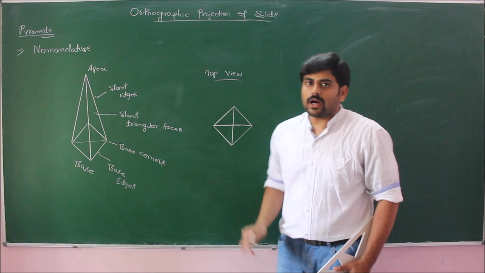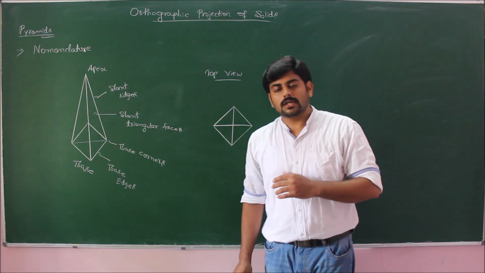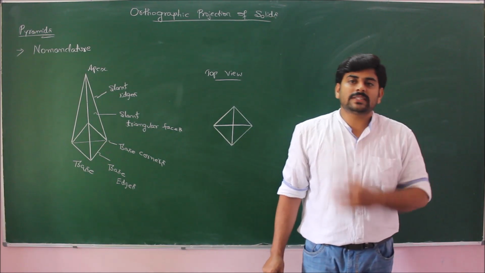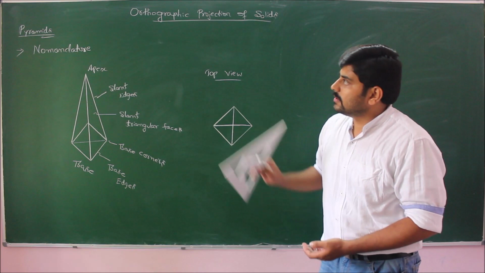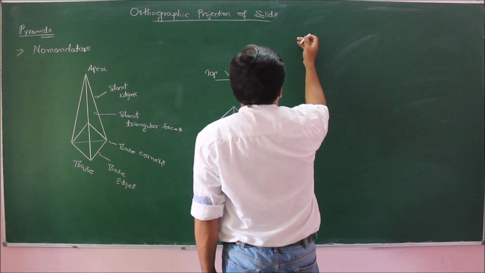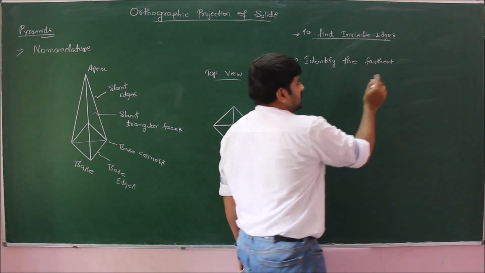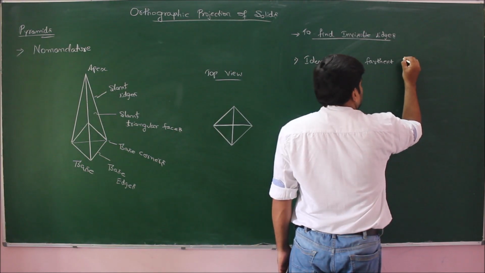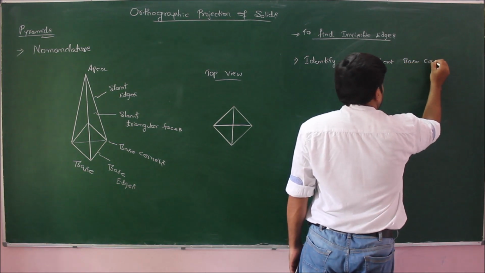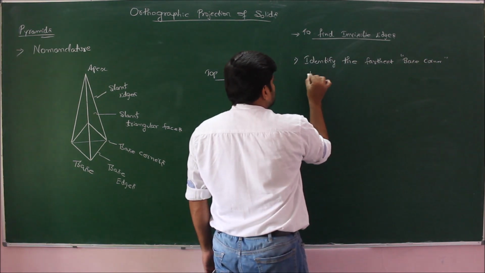Next, moving on to detecting the invisible edges for pyramids. The important points to be remembered are: first, identify the farthest base corner to the observer, which is very important.